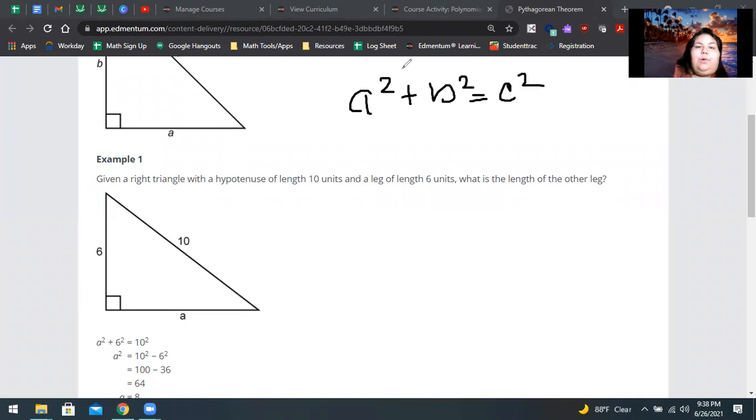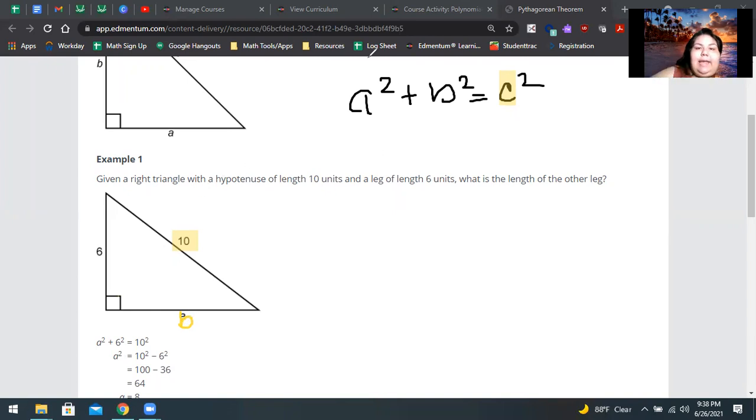The most important thing is to identify your C. Your C is, again, the longest side, right across from the 90-degree angle. So that's your 10. Everything else can be flipped. This could even be considered your B. It's not as strict for A and B. C is super strict because it has to be that larger side.